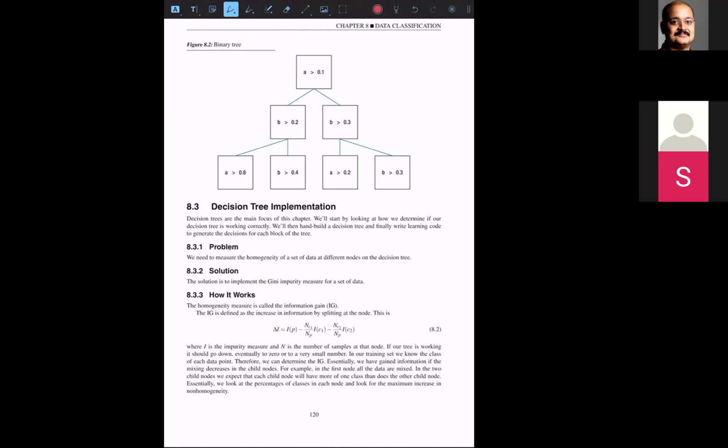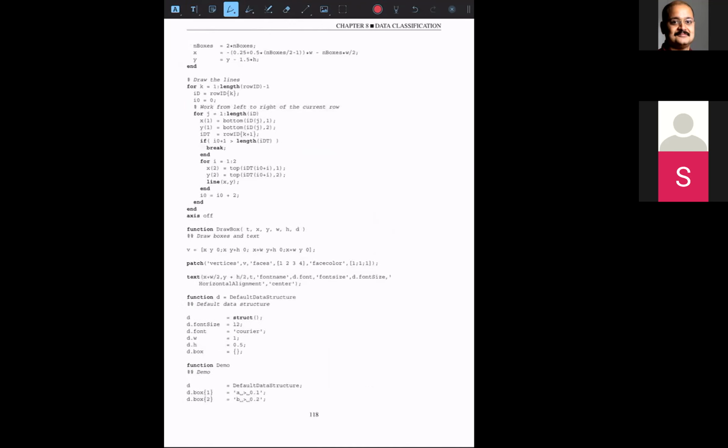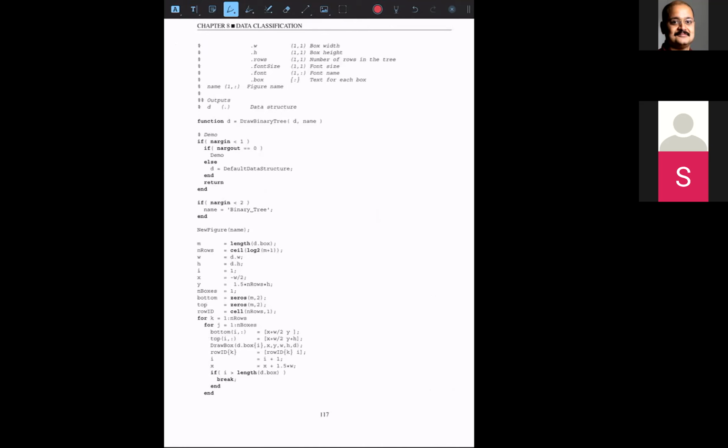So your data would trickle down and finally fall into these 4 bins. We actually saw a similar example, the classification of flowers based on petal length, petal width, and so on. So this is the decision tree, but this is the under-the-hood functioning of the code.